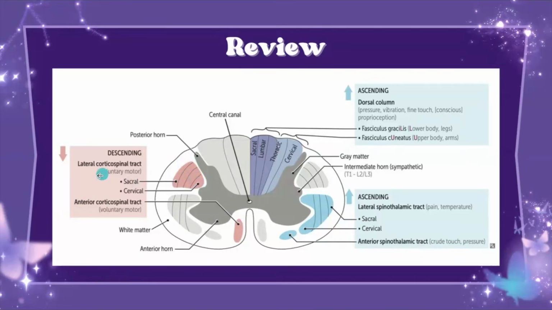This is the case for the lateral corticospinal tract and the spinothalamic tracts. So same thing goes over here, whereas in the dorsal column, it is the opposite. So medially, you have the supply to the lower limbs first, and then on the lateral side, you have the supply to the upper body, okay? All right, this will be important for the lesions.